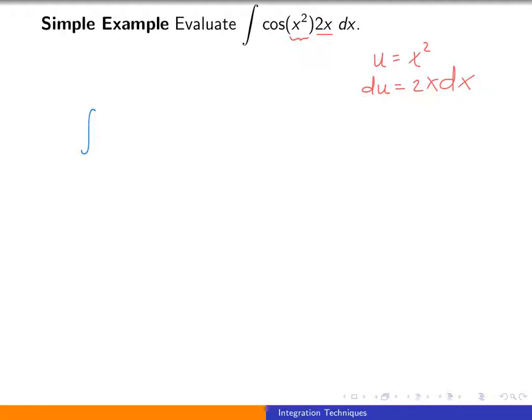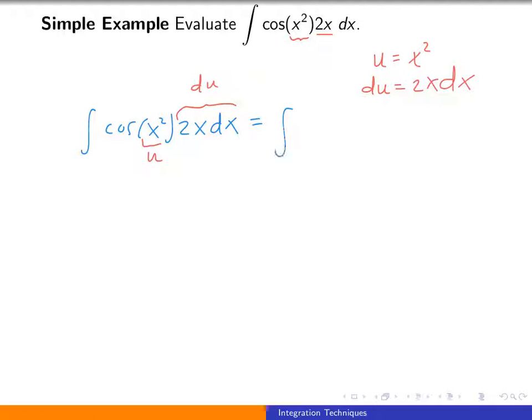So we're starting off with the integral of cosine x squared times 2x. And we need to convert this solely in terms of the variable u. So the x squared inside the cosine becomes a u. The 2x dx outside of that cosine function becomes the du.